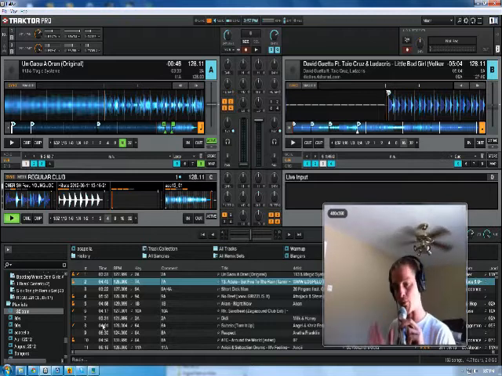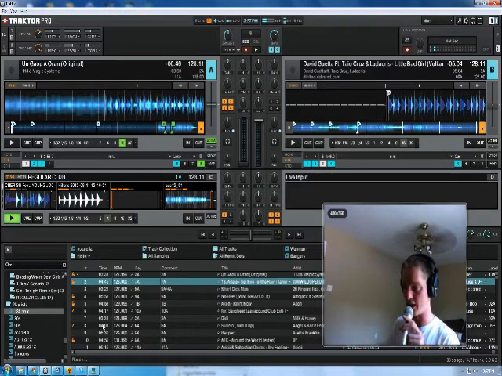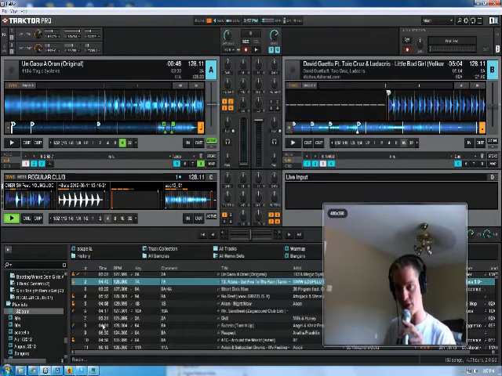And then you would use your pitch faders to get everything close, or at least jog it in and then keep correcting. You don't have to do that too much these days, but it's a really good idea to have some practice doing that.